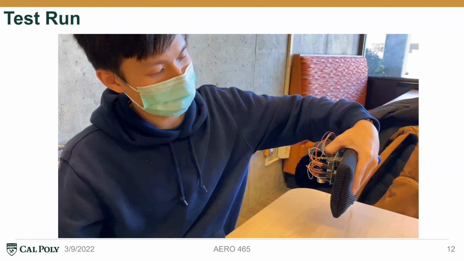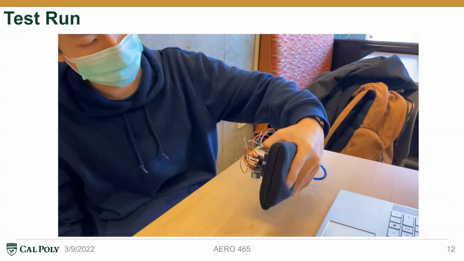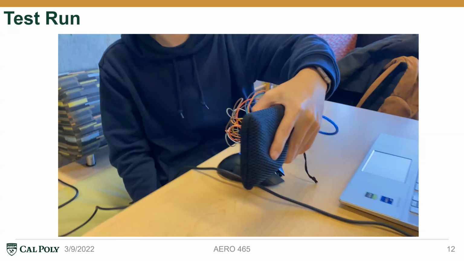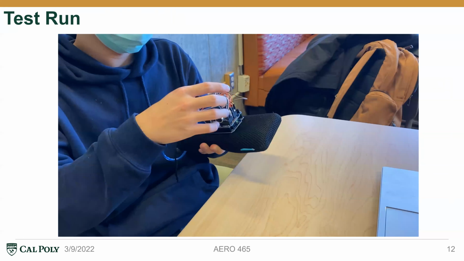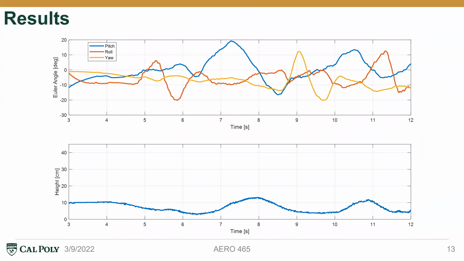Now we're going to demonstrate how our system works at a smaller scale. As you can see, when our system tries to climb, the pitch angle increases, and when it tries to dive down, the pitch angle decreases again, and the corresponding roll angle and yaw angle line up with my hand's motion.